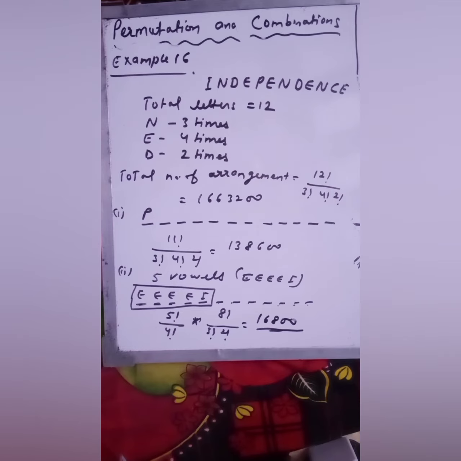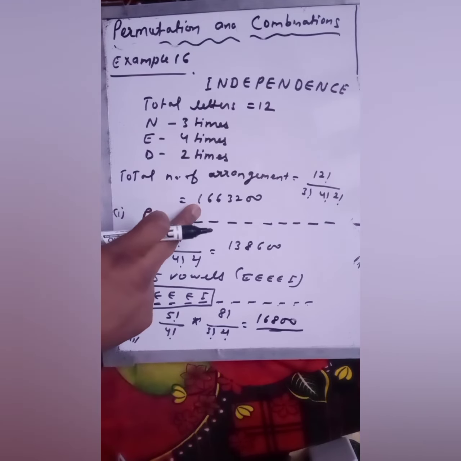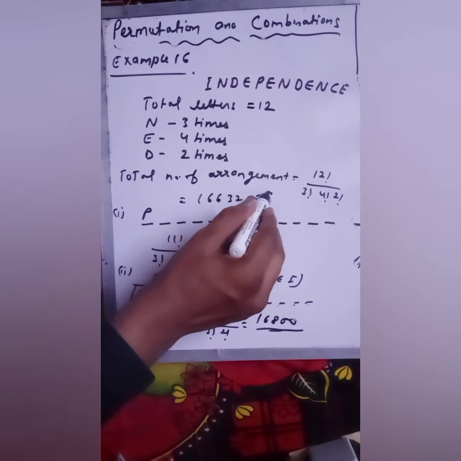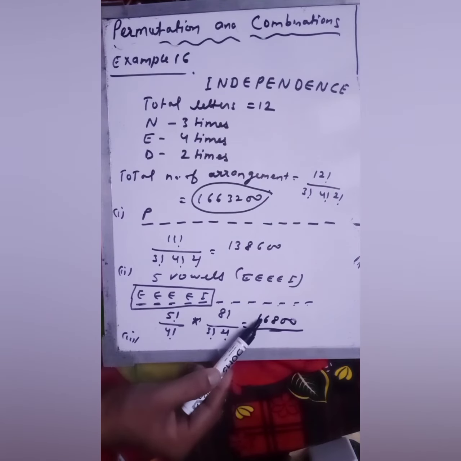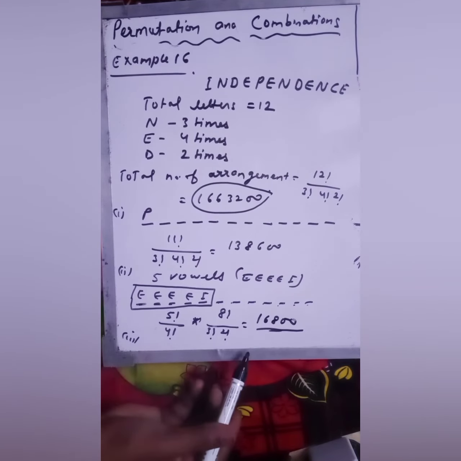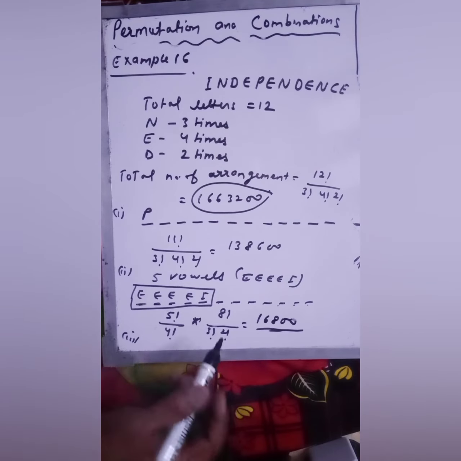In the third part: do the vowels never occur together? It's very simple. In the third part, the total arrangement was this. So this minus the second part, and you will get the number of arrangements where vowels do not occur together.